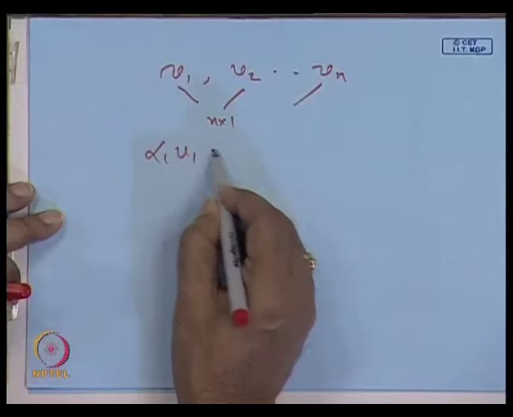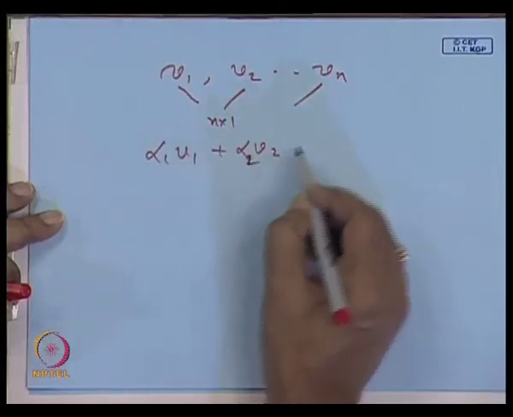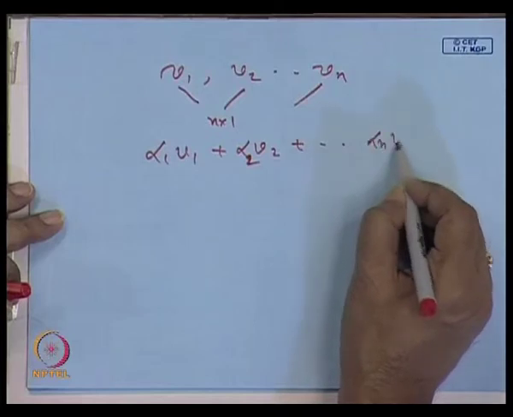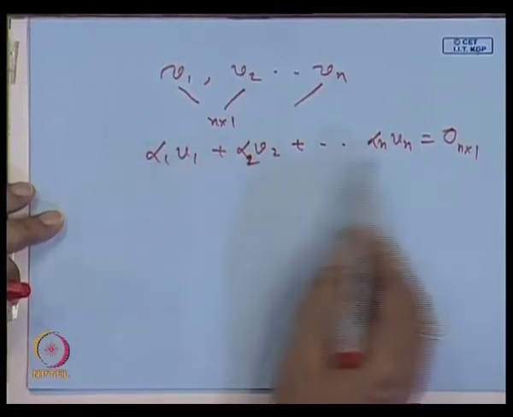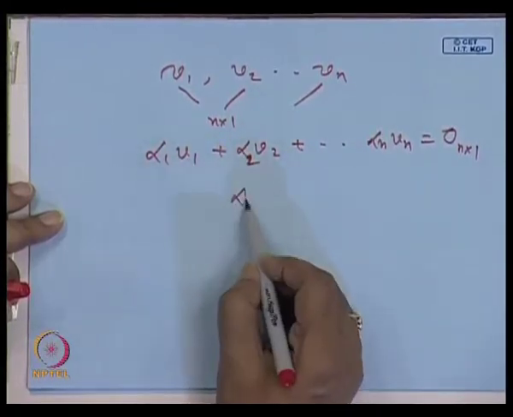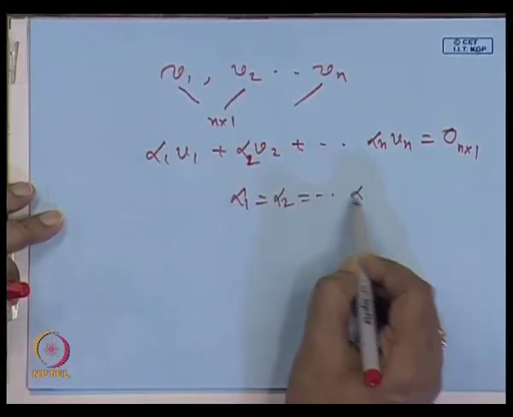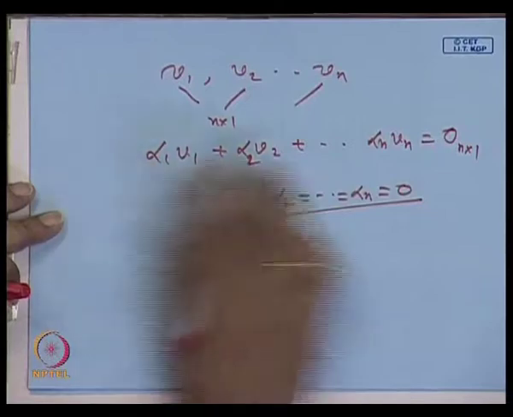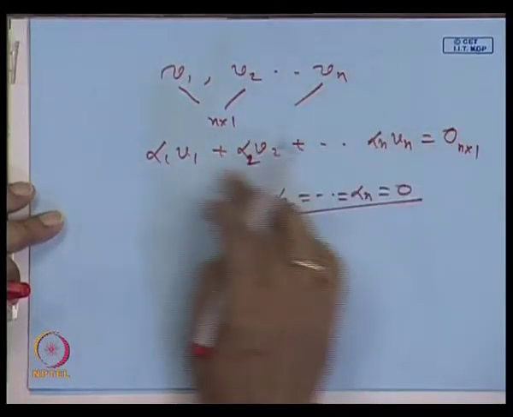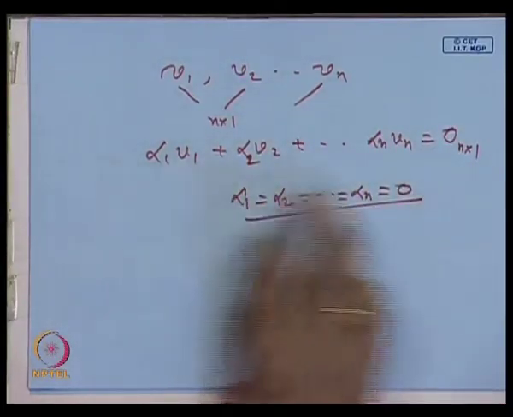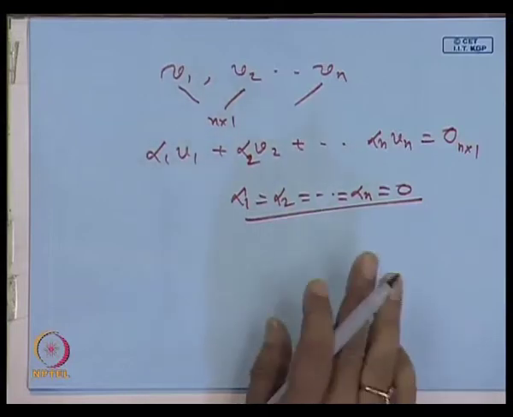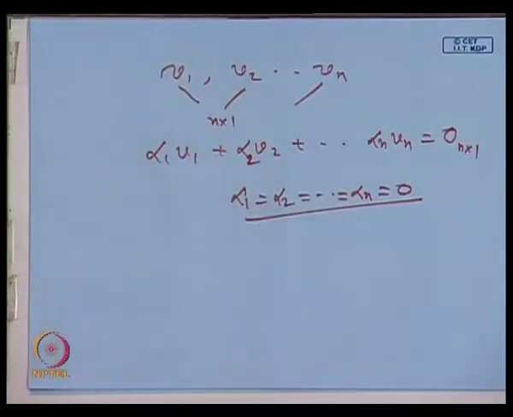If alpha 1 v1 plus alpha 2 v2 plus up to alpha n vn is equal to the null vector, and all the coefficients alpha 1, alpha 2, up to alpha n equal 0, then it indicates that the set of vectors v1, v2, up to vn are linearly independent. If any one of them is non-zero, this indicates you can express some vector as a linear combination of the others. Then we call the set of vectors linearly dependent.